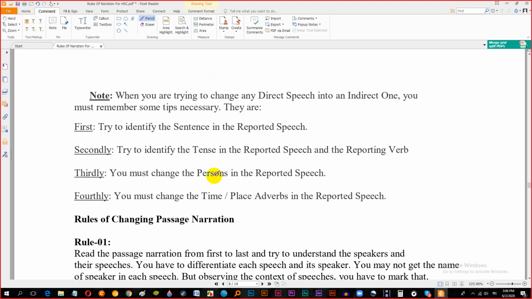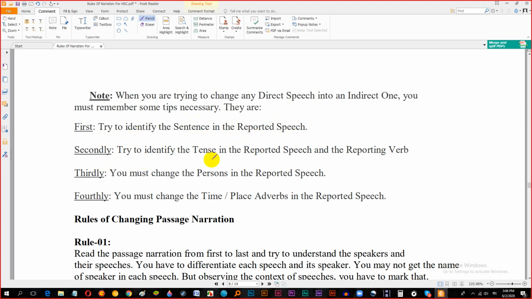Okay, now see. When you are trying to change any direct speech into an indirect one, you must remember some necessary tips. First, try to identify the sentence in the reported speech.